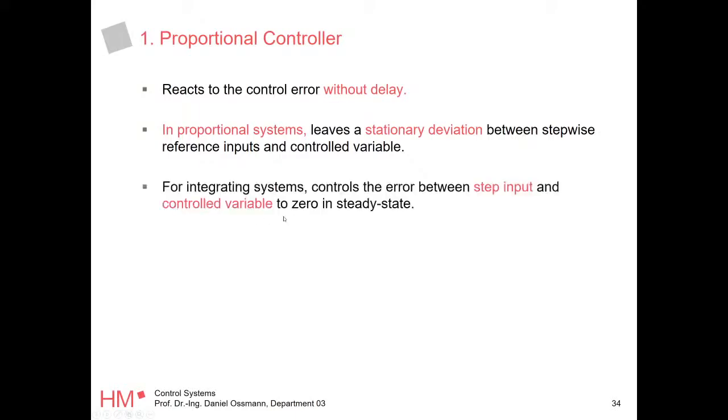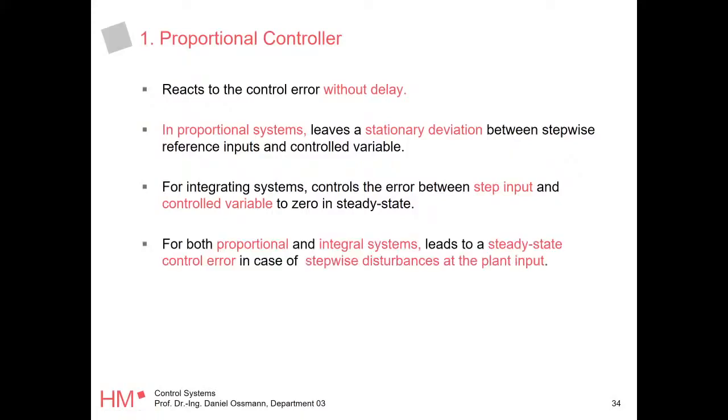For an integrating system, it makes the error from a step input to your controlled variable go to 0. It's always like that. However, for both systems, it is not possible to get the disturbance effect to 0. There will always remain some effect of the disturbance.